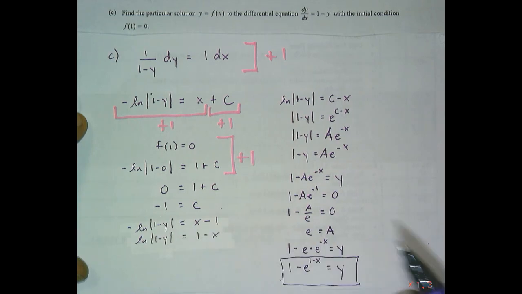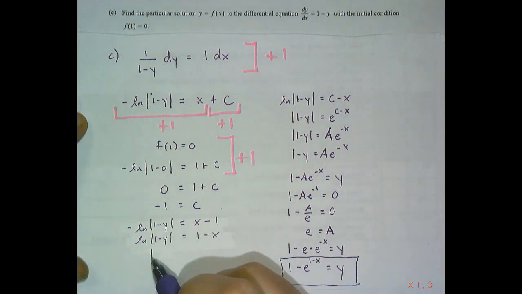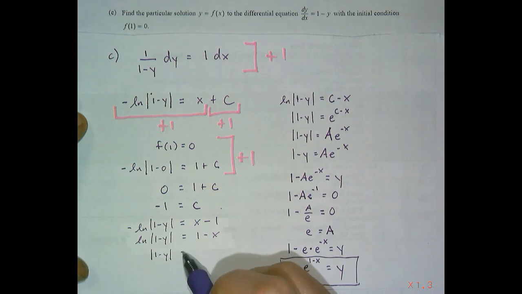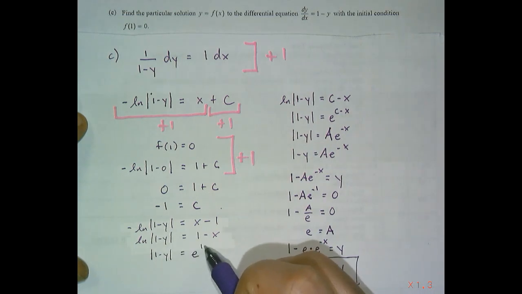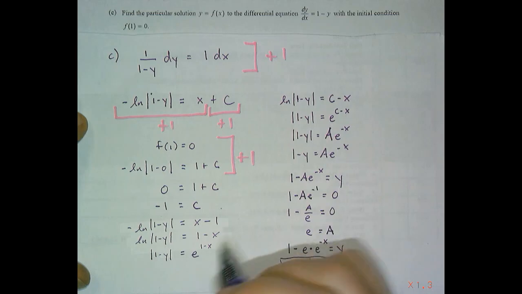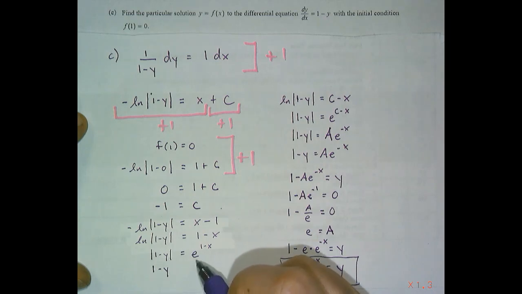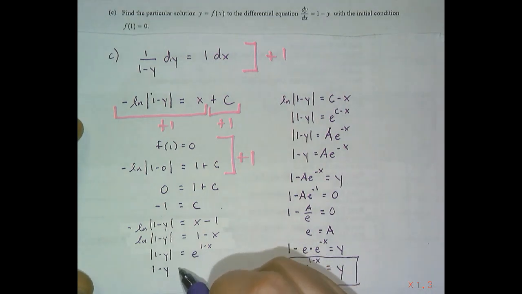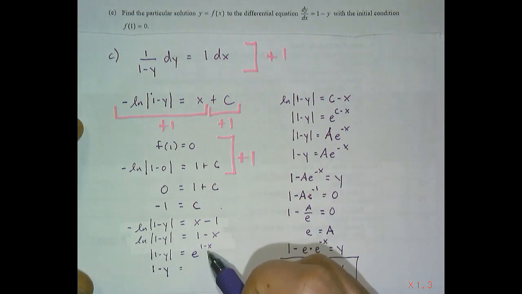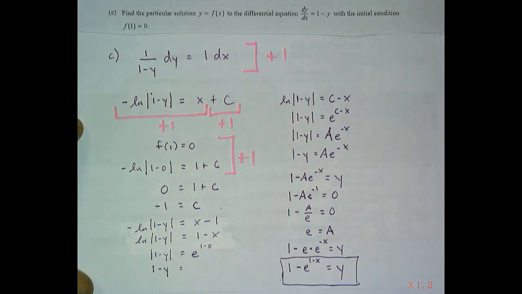Minus x, then we can exponentiate both sides, e to the 1 minus x, and when we remove the absolute value, we have either the positive version or the negative version of e to the 1 minus x.